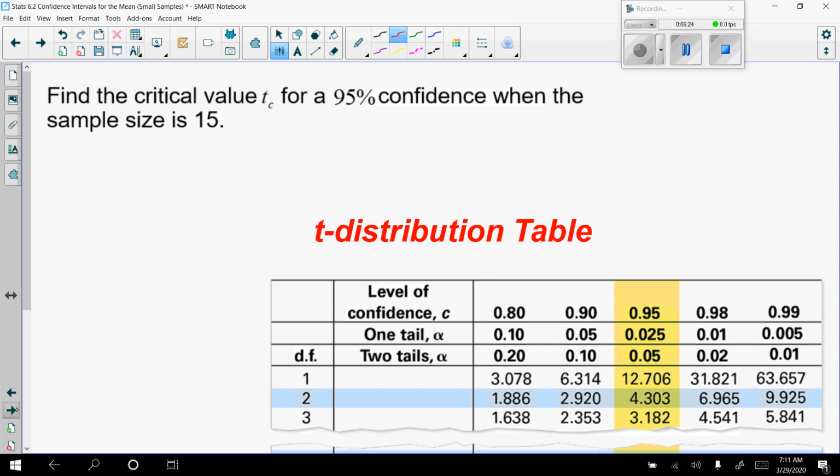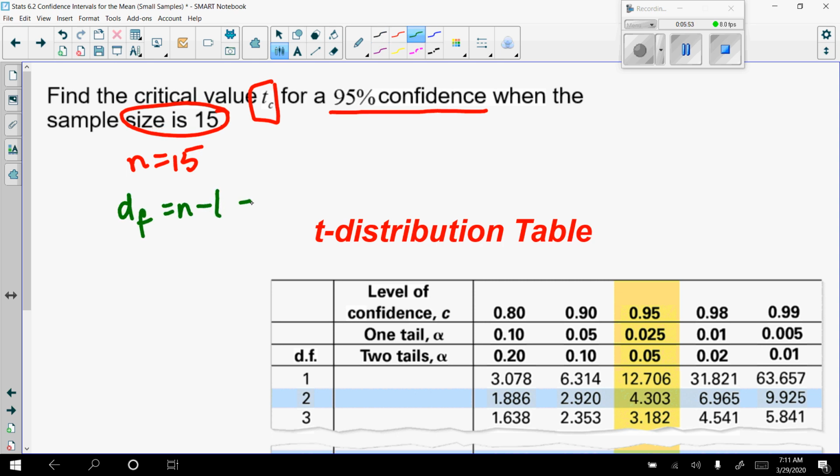When we're finding the critical value for a t distribution, we have to use tables to give us that critical value. Okay, so suppose that I was trying to find the critical value t sub c for a 95% confidence level, where the sample size is 15. That means n equals 15. Remember, our degrees of freedom formula is n minus 1. That means it would be 15 minus 1, or 14.